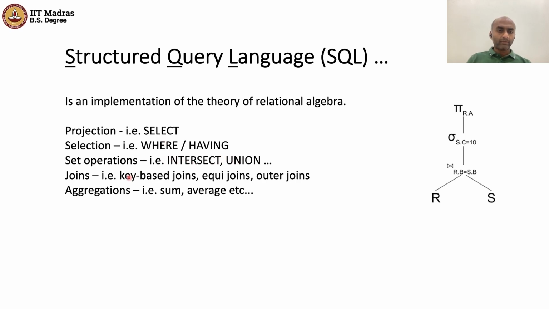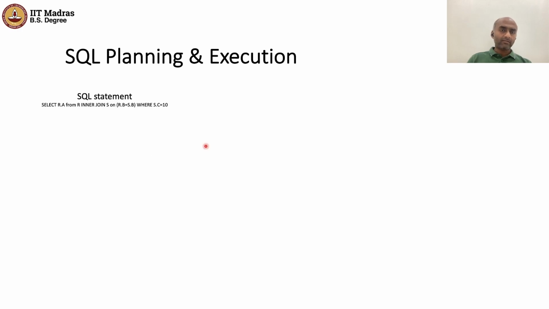Optionally, you could have some set operations, you could have some join operations. If you do aggregations, then you need a group by syntax, and if you do a group by, then you might think about having a having as well. A having is like a where clause, a selection, but it applies on top of aggregated data. So that's the syntactical sugar corresponding to what SQL is.